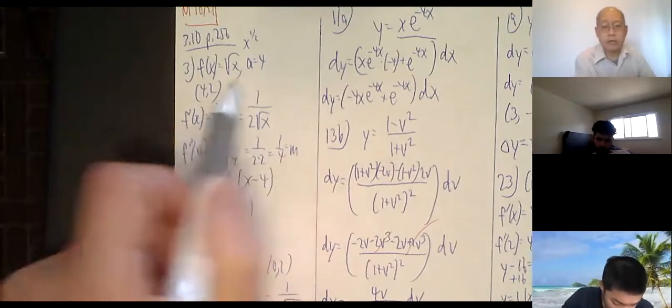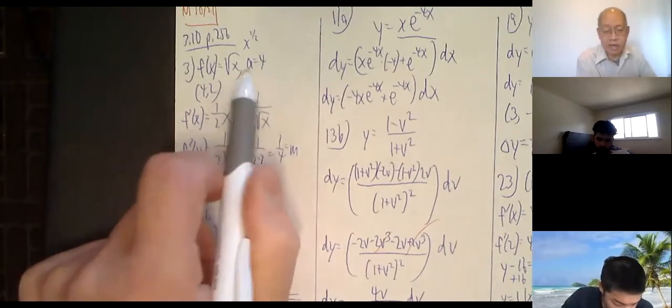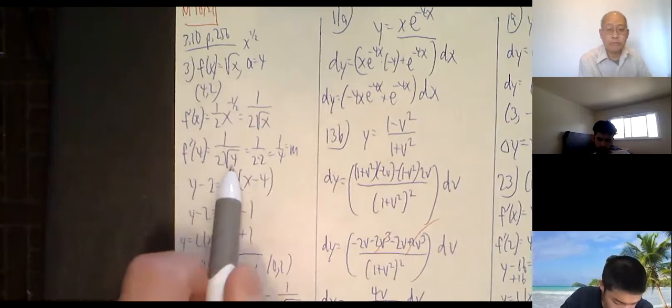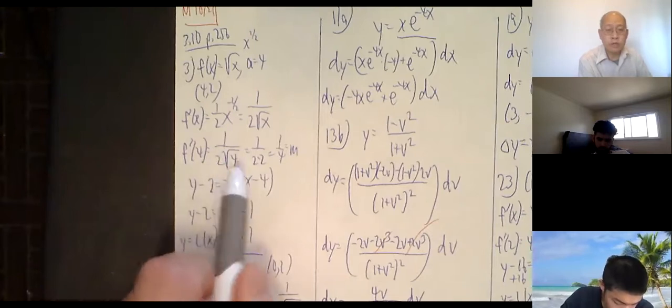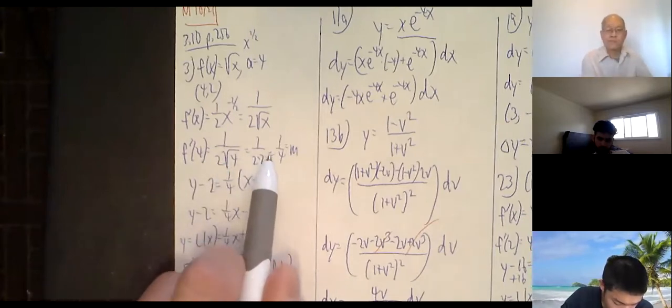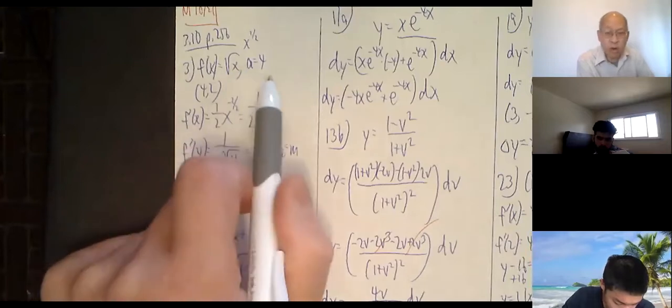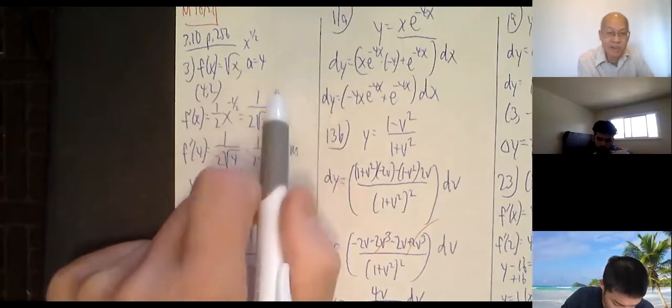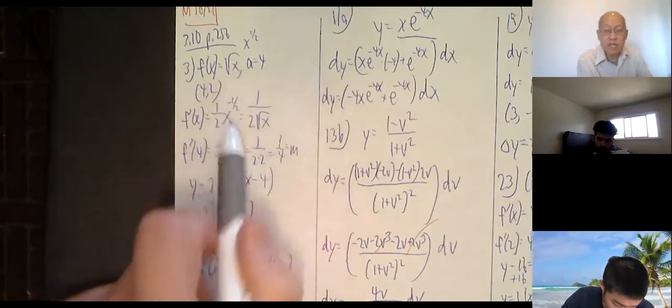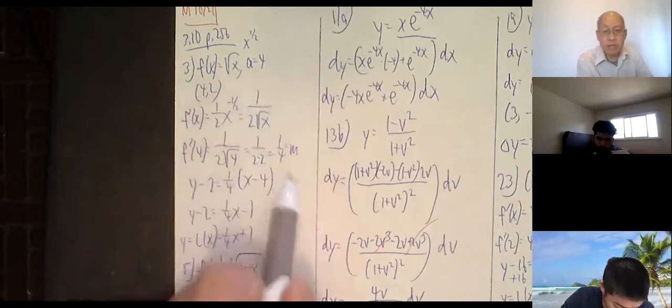Okay, now I want the derivative at x equals 4 or a equals 4. Plug in 4. 1 over 2 times 2, 1/4. Okay, and yes, that means on the square root function, which kind of looks like that, right? When x is equal to 4, the slope happens to be 1/4.